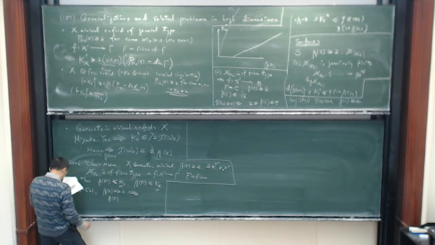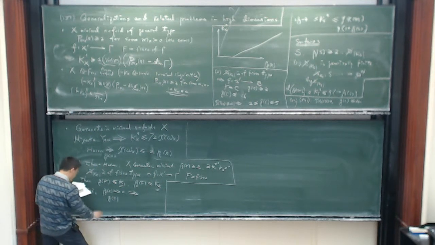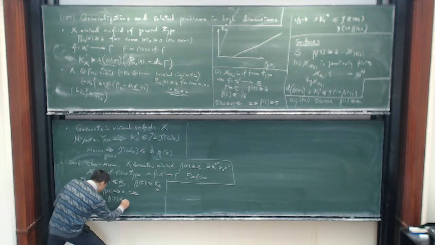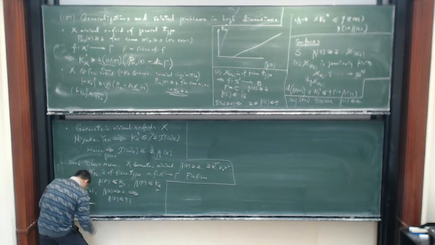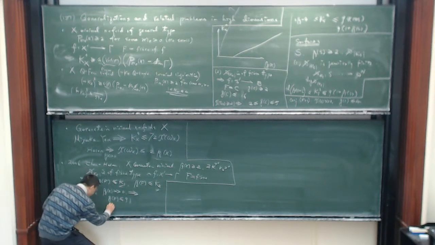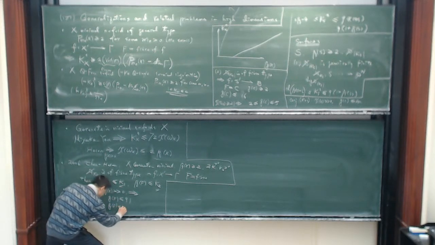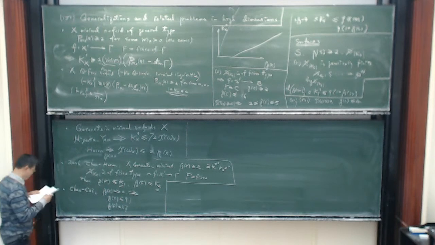So when this is of fiber type and F is a curve, then we know that g(F) is smaller than 91, and p_g(F) is smaller than 37.